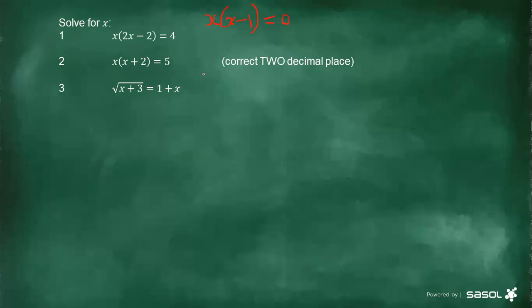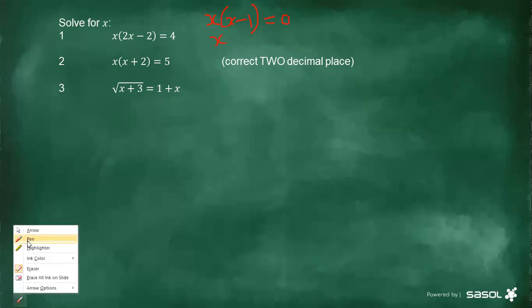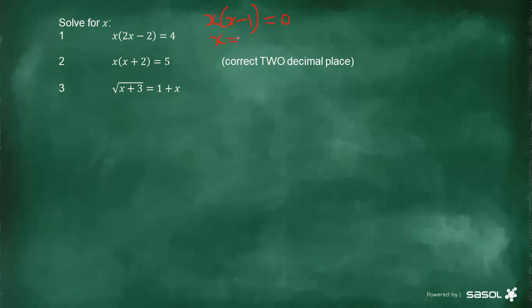If the question was like this and they say solve for x, then the fact that this equals 0 allows you to say x equals 0, or x minus 1 equals 0, then x equals 1.